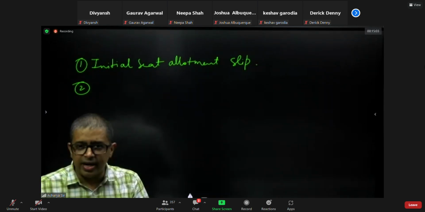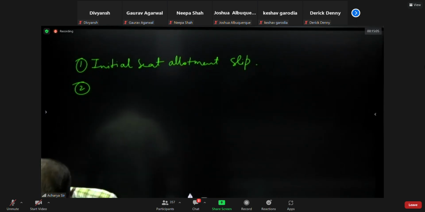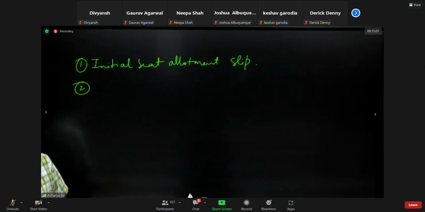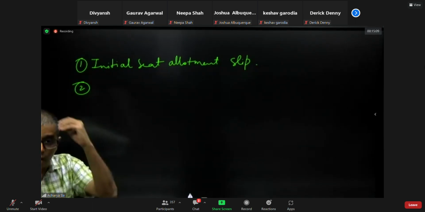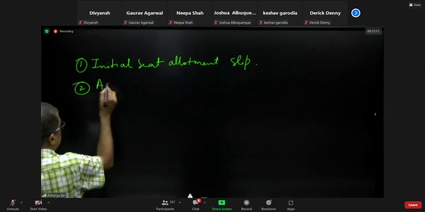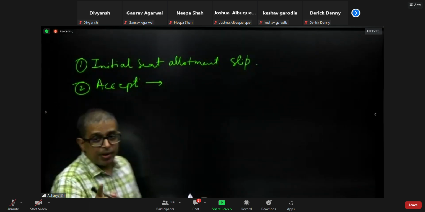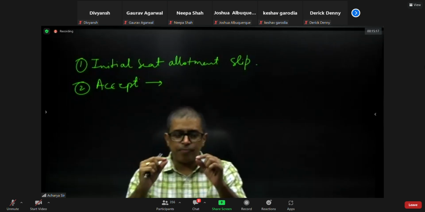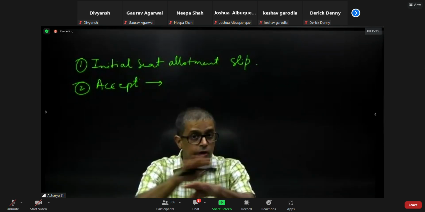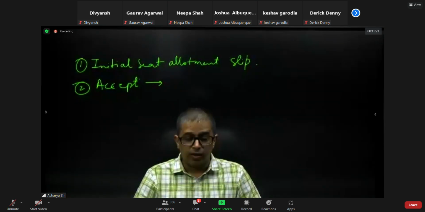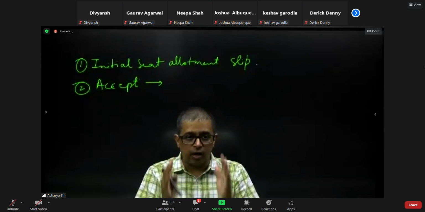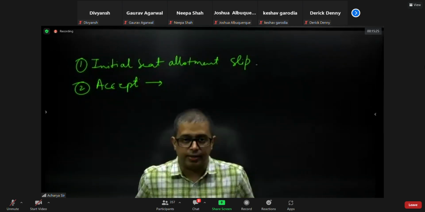Once they generate the seat allotment intimation slip, firstly, you have to accept the seat. Accepting is important. You don't accept it, wait for the second round, you are out of JOSAA. Whatever seat they are allotting to you, first accept it.